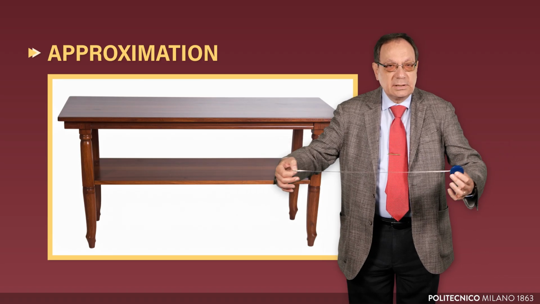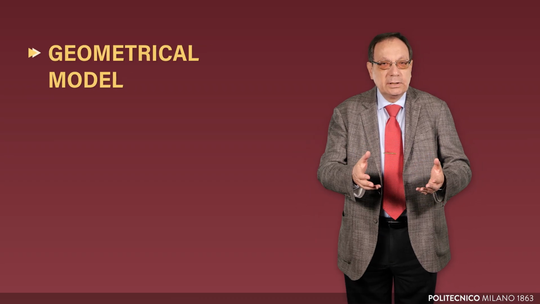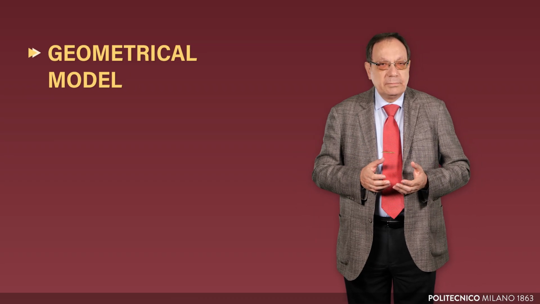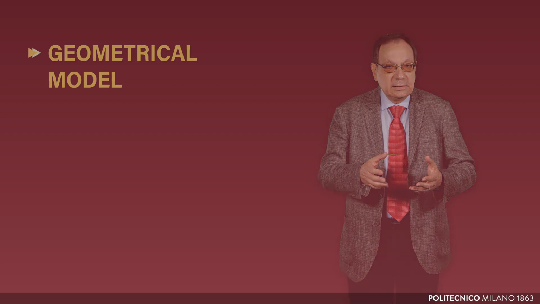Why do we proceed in this way? Because unconsciously we refer to a rectangular geometric model of the tabletop. But is it really like that? In reality, it is only an approximation that depends on the quality of the manufacturing process. It is not the only possible approximation.